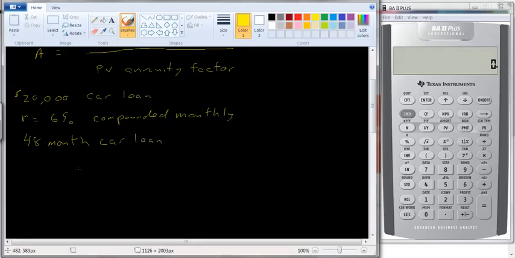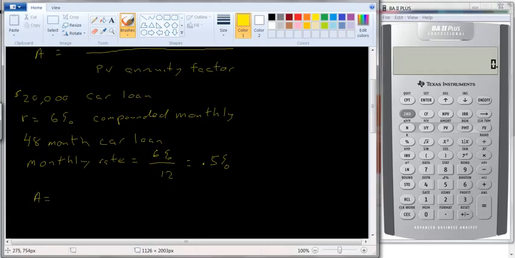Well, what's our monthly interest rate? Our monthly rate is going to be equal to the 6% divided by 12, because there are 12 months out of the year. So it's going to be 0.5% per month. And so if we wanted to use the formula we had before, we could just solve it this way.